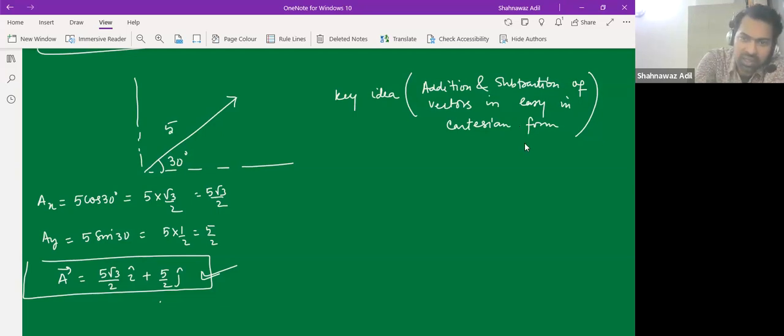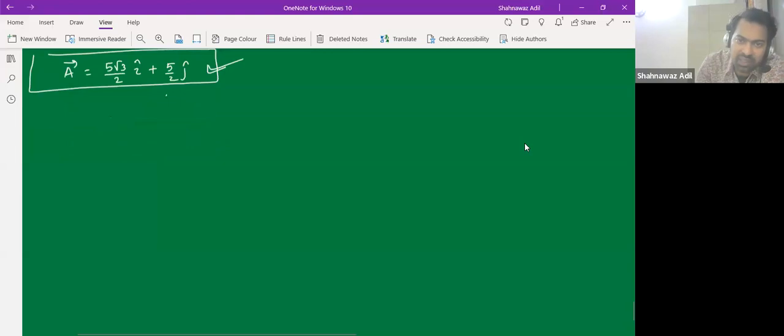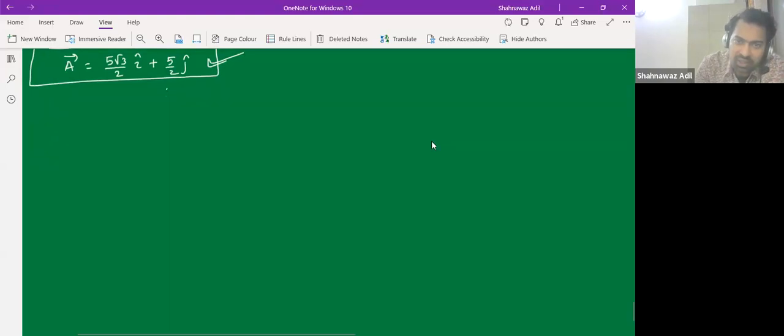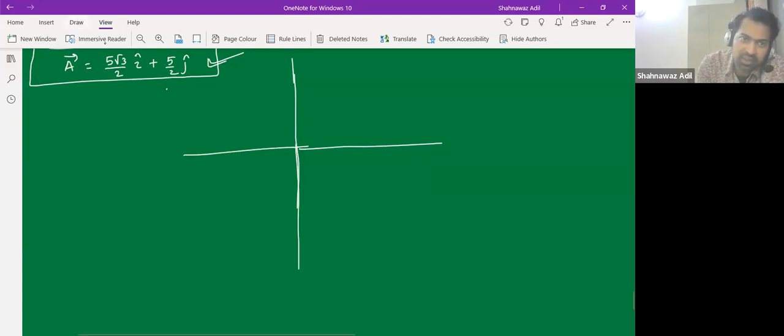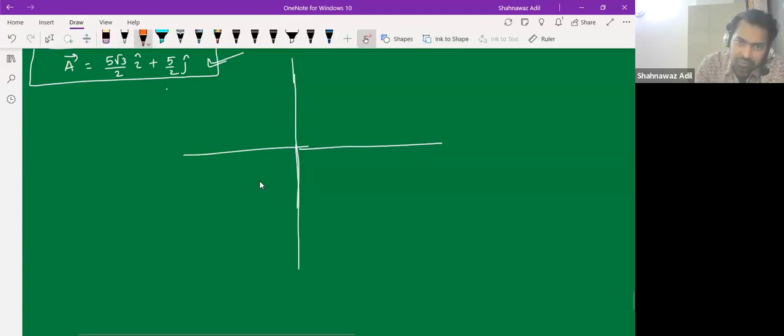So let's say you are given a vector which is this. You have this xy axis and the vector is making an angle, let's say 60 degrees, with this horizontal. If this is the angle, then we have to write this angle only, right?